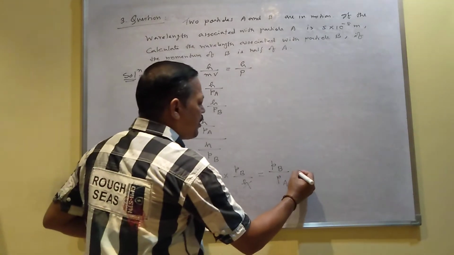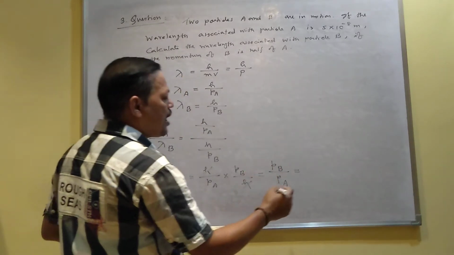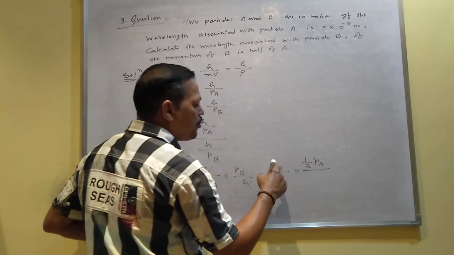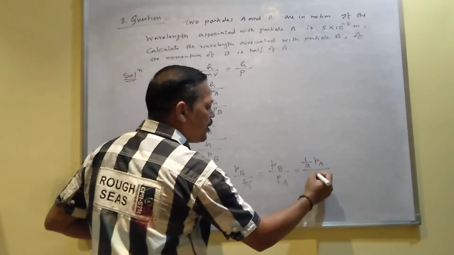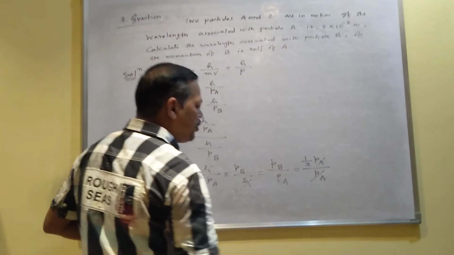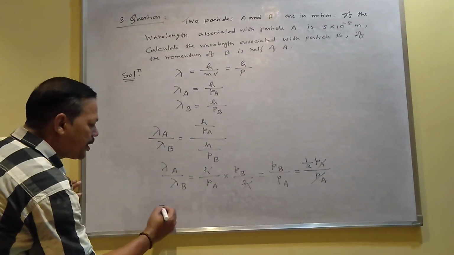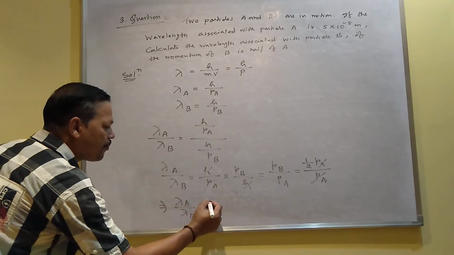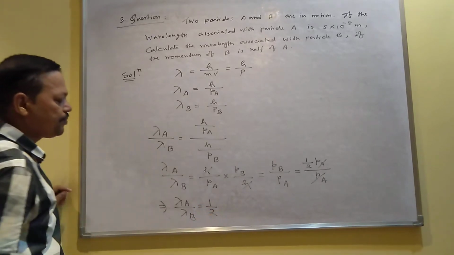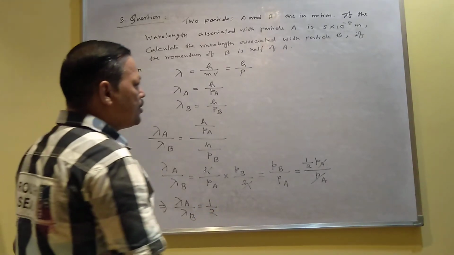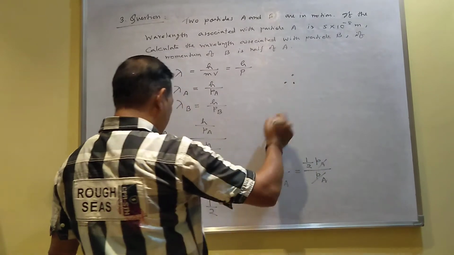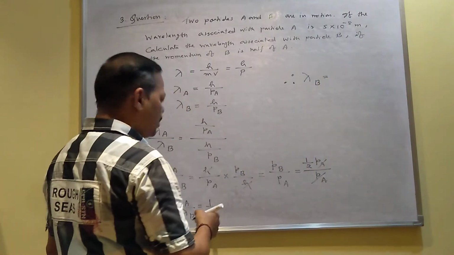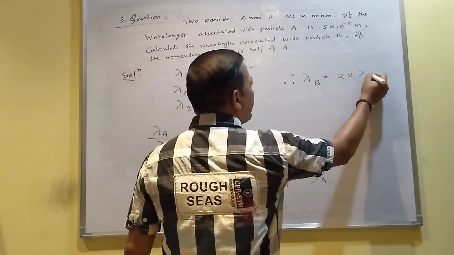In the question it is given that the momentum of B is half of A, so pb is half of pa, divided by pa. So pa will be cancelled, and ultimately lambda A by lambda B is equal to half. Therefore, lambda B is equal to 2 into lambda A.